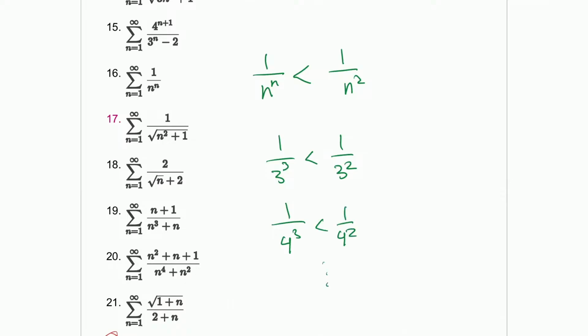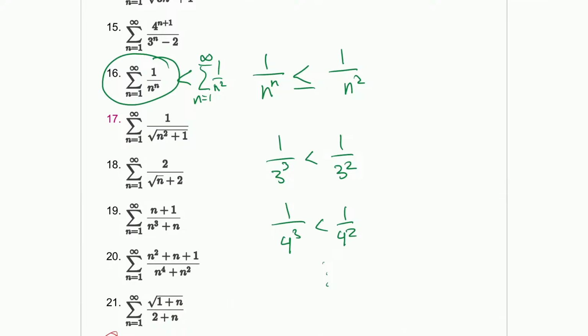This is going to be true for every value of n, because n equals 1 and n equals 2, they're equal, but for every other number, you're less. And so this series is less than a convergent series, and that's a direct comparison that converges.